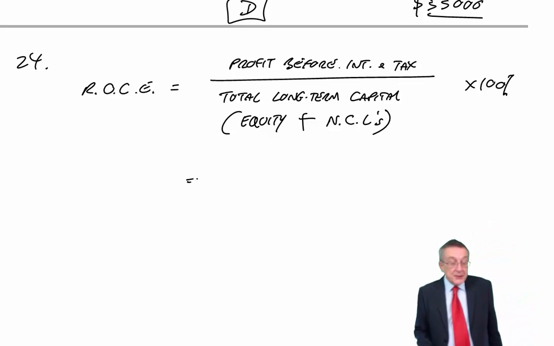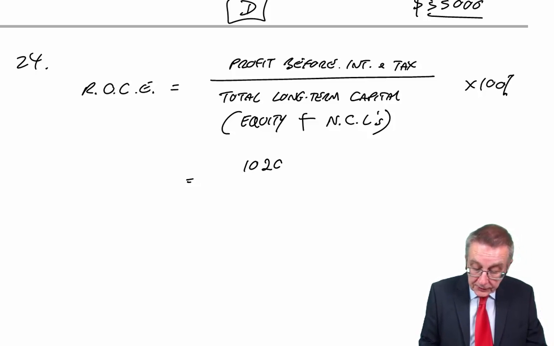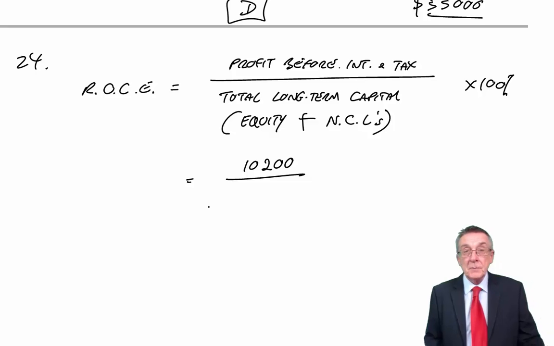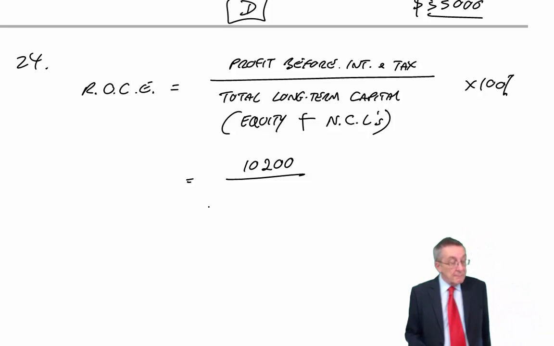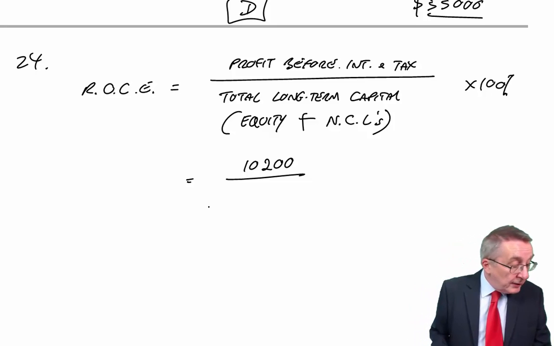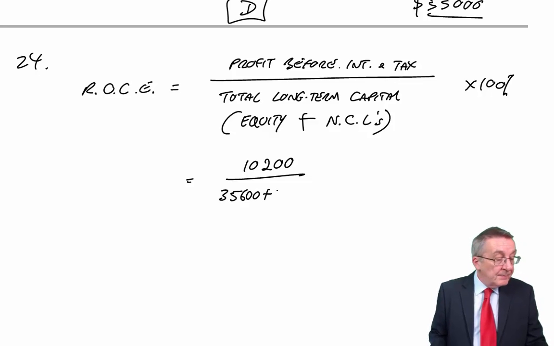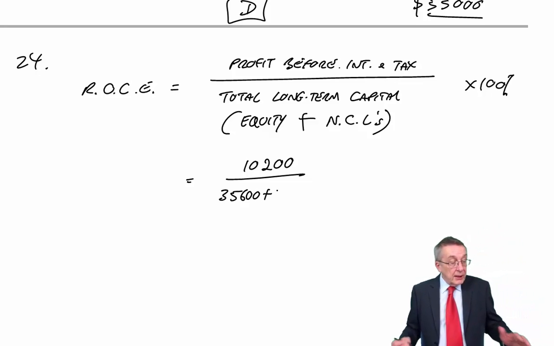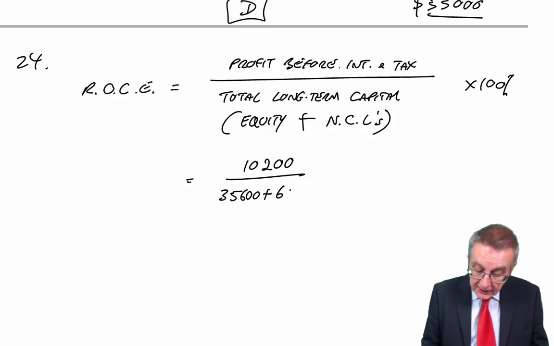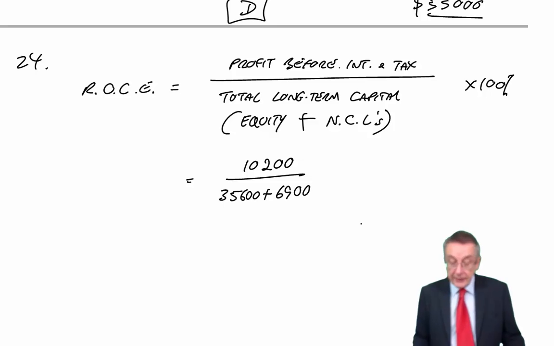So what are the figures here? The profit before interest and tax is 10,200, straight from the question. For the long-term capital, we've got equity, shareholders' money of 35,600, plus non-current liabilities, the loan of 6,900, and of course you put the total 42,500 it's given you.